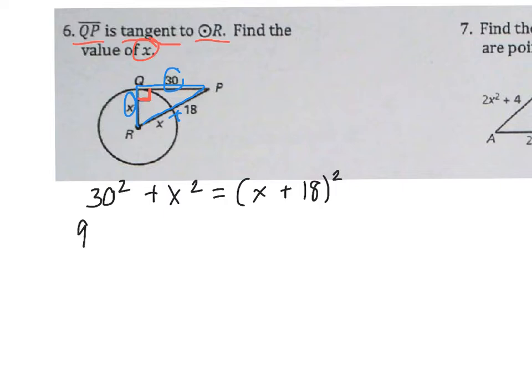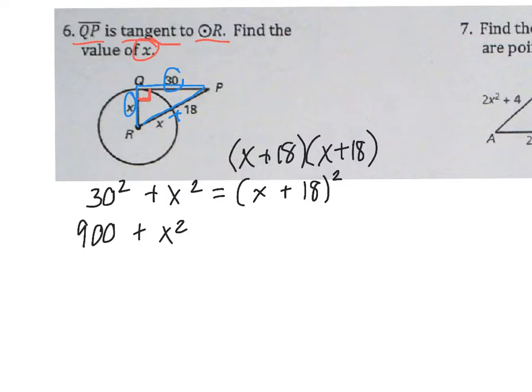All right, so now I just need to square everything, plus x squared. Now remember, this is x plus 18 times x plus 18, so don't forget to FOIL that. So I'm going to end up with x squared plus 36x plus 324.